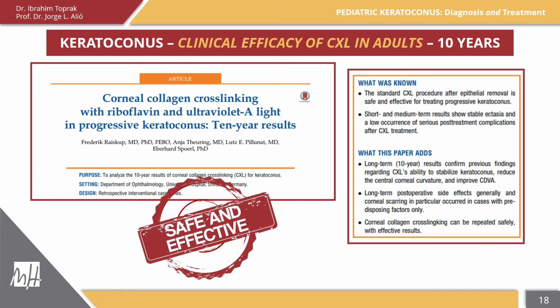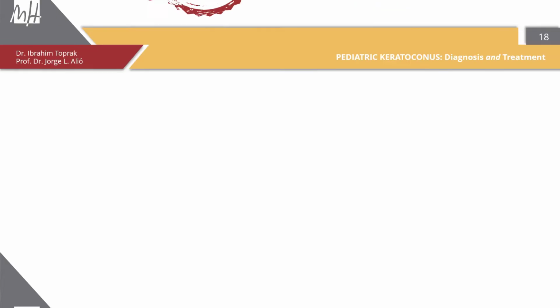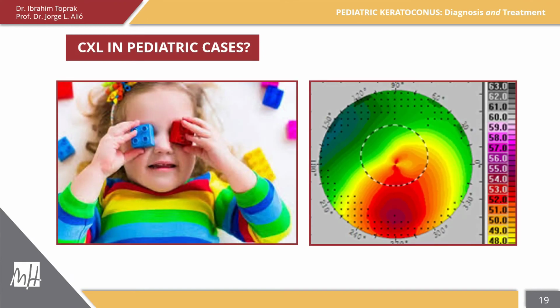Ten-year outcomes of corneal collagen cross-linking treatment were published. It was shown that this procedure is effective and safe in adult cases with keratoconus. What about this treatment in pediatric cases with keratoconus?